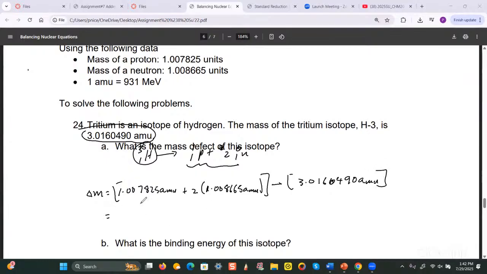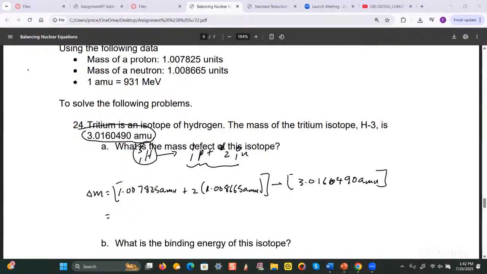So I'm going to add within the parentheses 1.007825 plus 2 times 1.008665, and then I'm going to subtract from that 3.010, no, I'm sorry, 3.0160490.